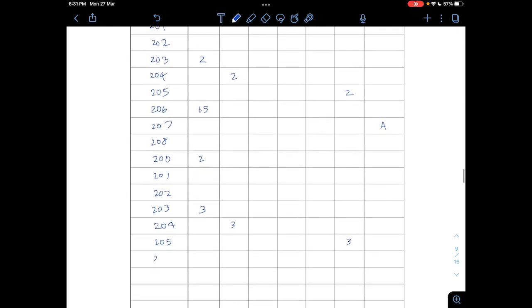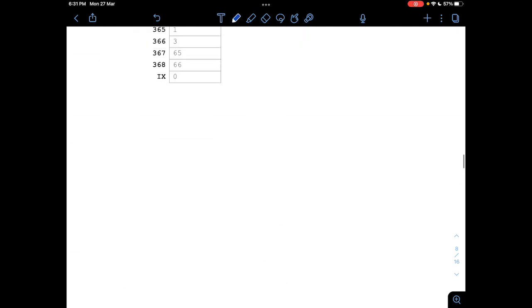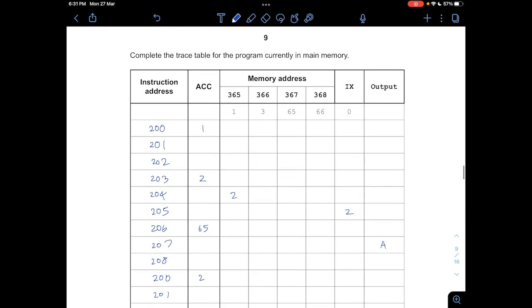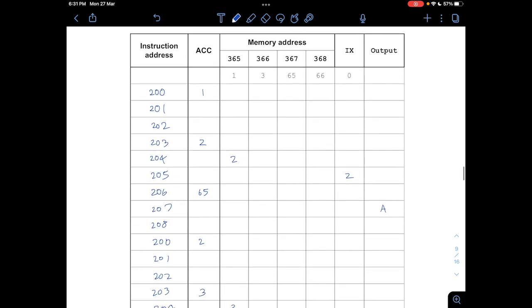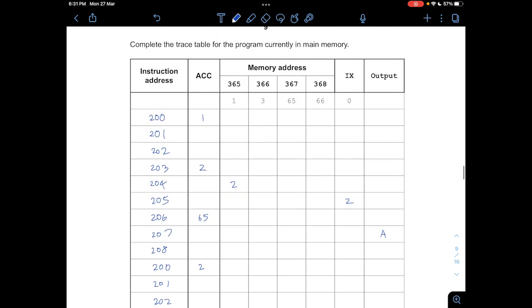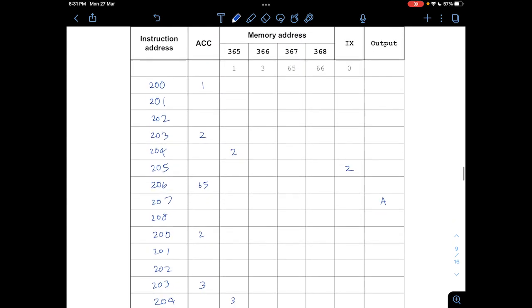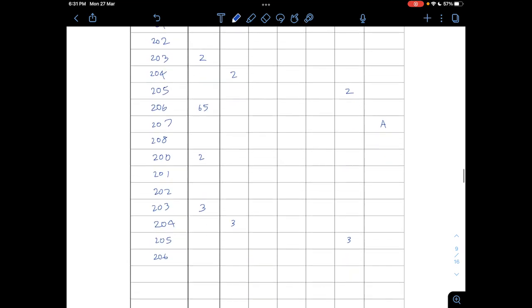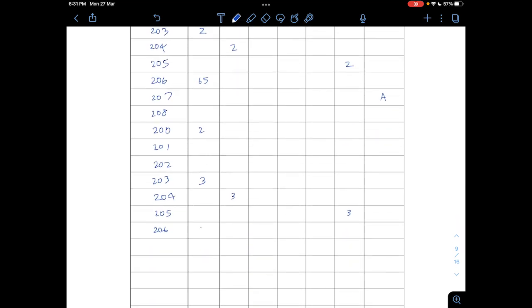And then 206. 206 is index addressing of 365. So 365 plus the index register, which is 3. So 365 plus 3 will be 368. 368 content is 66.